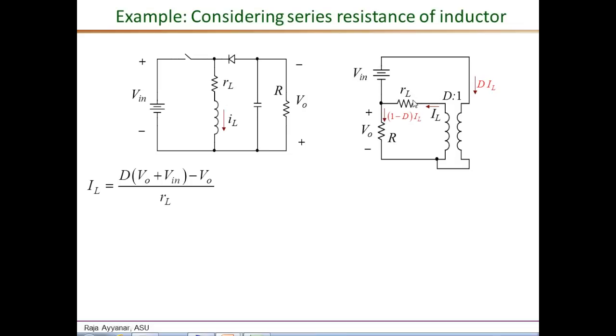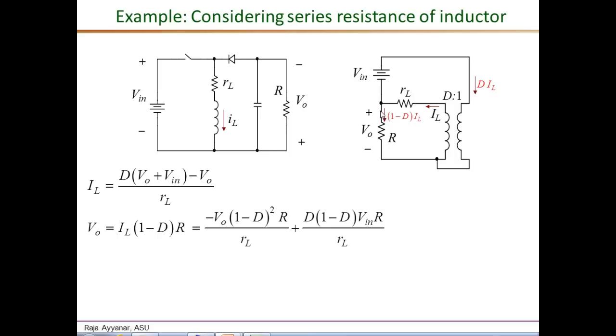Once we have this model, the secondary current IL is given by this voltage, which is D times (VO plus Vin) minus VO, divided by this RL. Now if you look at the KCL at this node, the IL splits as this current IN and another current going as IO, but the current IN, by the transformer relationship, is simply D times this IL.